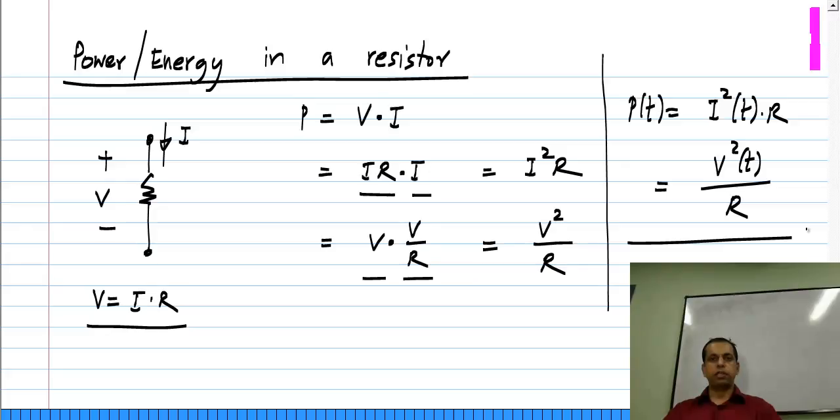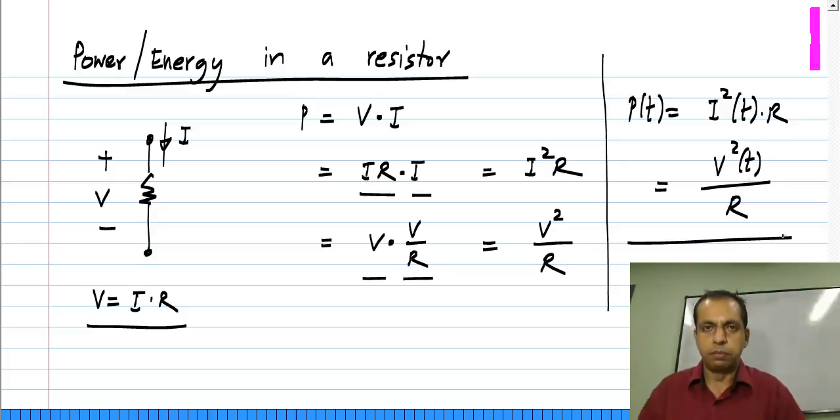Now, one thing we can notice is that because it involves the square of either the current or the voltage, and the voltage and currents themselves are real, the power delivered to the resistor is always positive. Okay. The resistor always absorbs power, right. So, that is very easily seen from this expression for power proportional to the square of the current or square of the voltage.